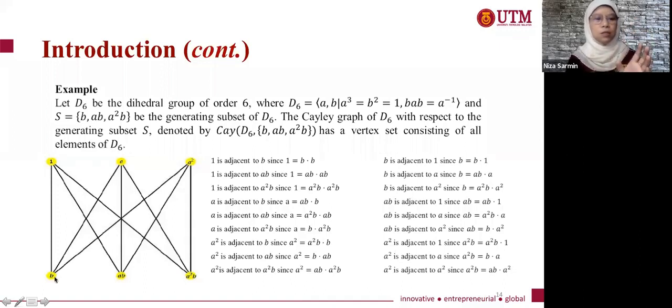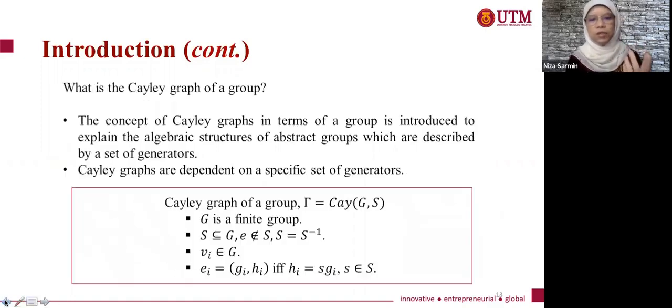Like 1 is adjacent to all elements in S: B, AB, A squared B, and some others are adjacent. So we check one by one, and you can see as in the definition before that two vertices are connected if one is S times the other one.